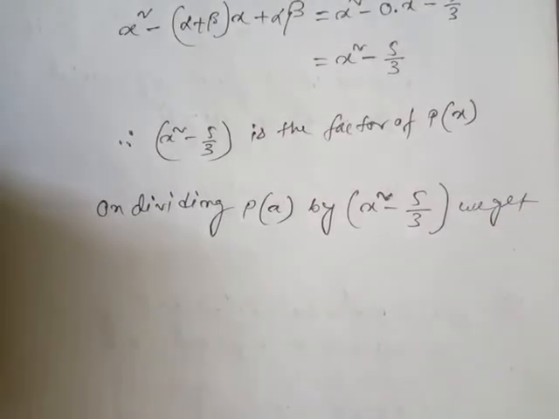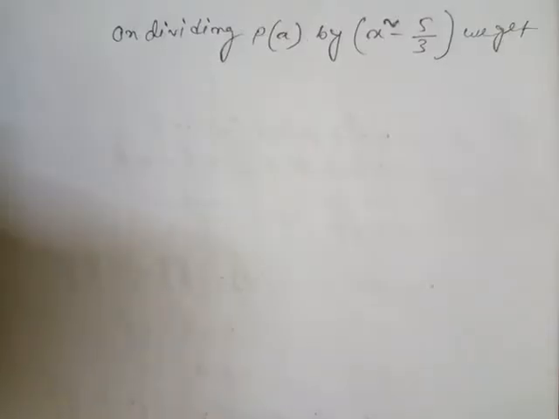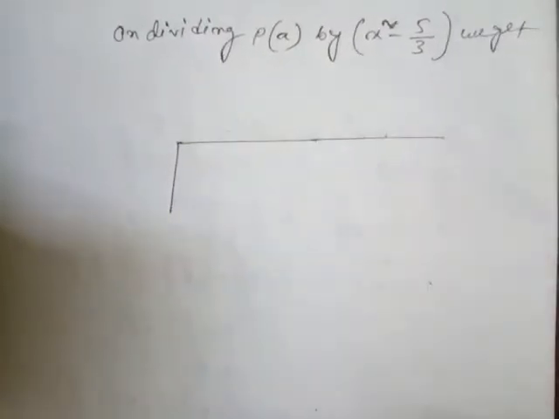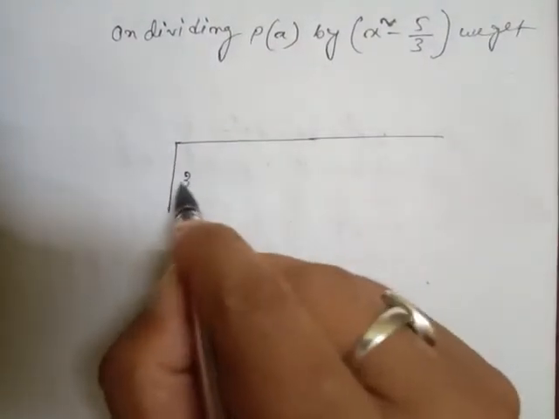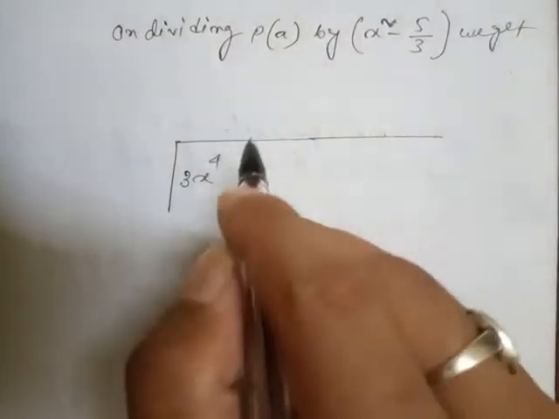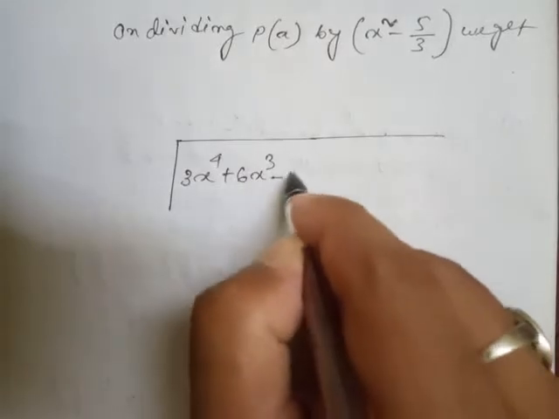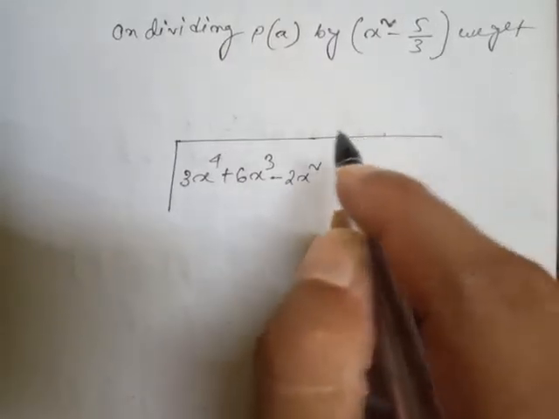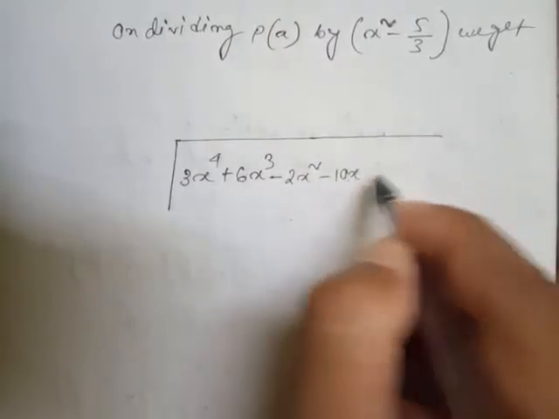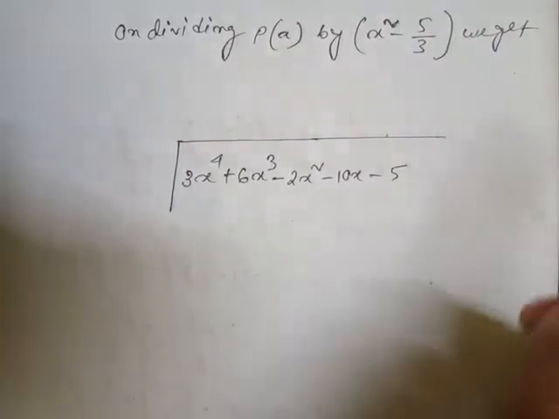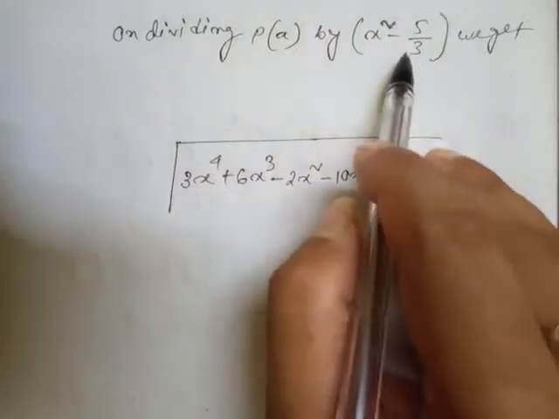Now look how to solve this portion. Now student, look for the long division. Here 3x to the power 4 plus 6x cube minus 2x square minus 10x minus 5. This is the given polynomial which will be divisible by this value. Why? Because this is the factor of p(x).